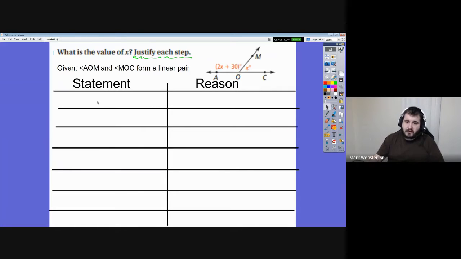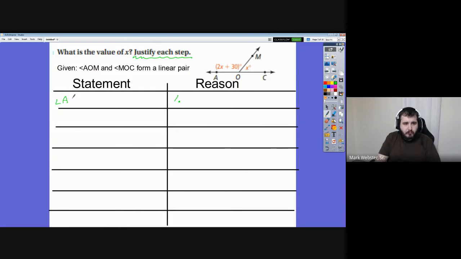So what I'm going to do is detail my steps. Step number 1, I always do the given statement. Every time I've got a proof, my first statement should be the given. Well, what's the given here?